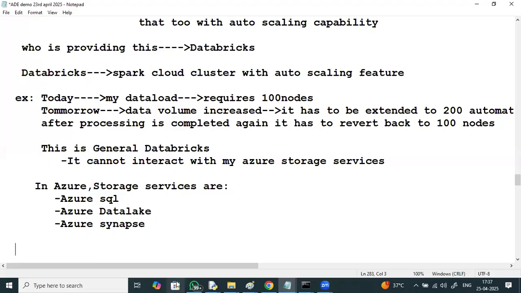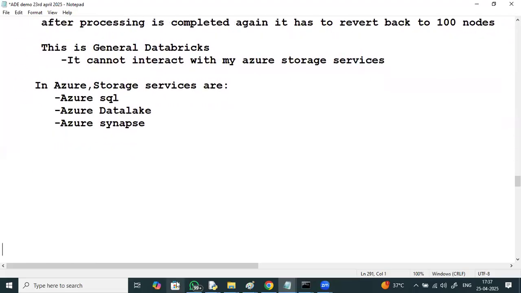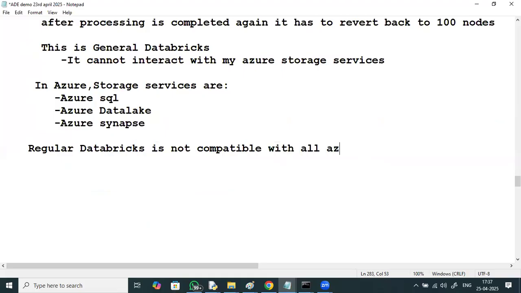A regular Databricks is not compatible with all Azure services.